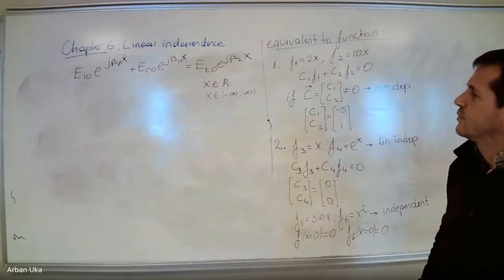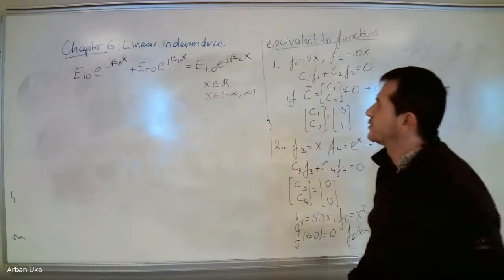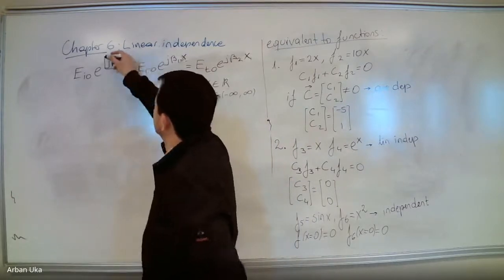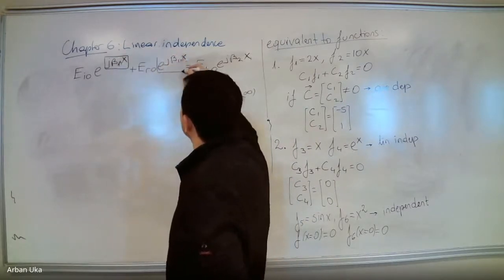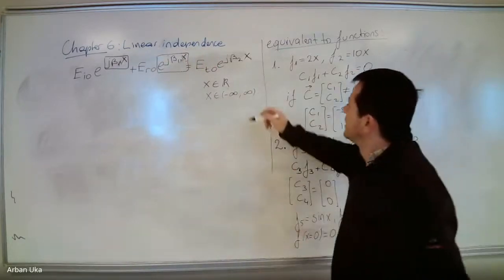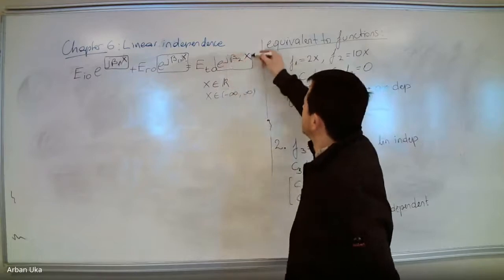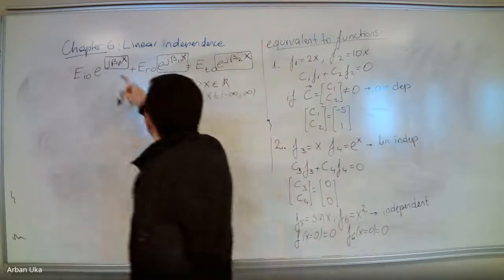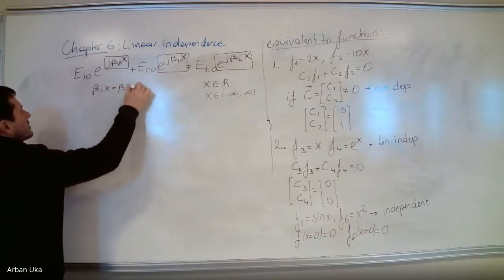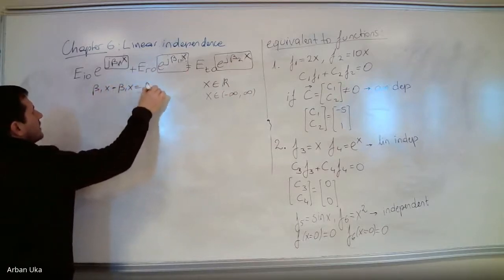We can say the only possibility for this equation to always be true is that these exponents are all the same, because exponential terms increase so fast and decrease so fast that it's hard to keep up. Then we simply say that this beta 1x is equal to beta 1x, and this would be equal to beta 2x.